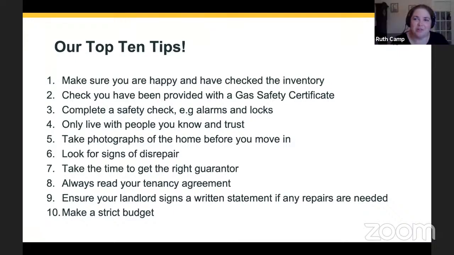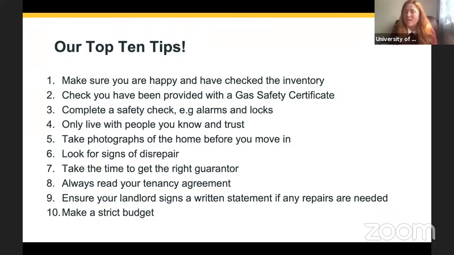You need to make sure that you have your how to rent booklet, that's given to you in paper, that you have your gas safety certificate, there may be some energy performance testing information too, which is about how eco-friendly your house is, maybe some electrical information testing booklets and things as well. So those are the main things to look for at the start.